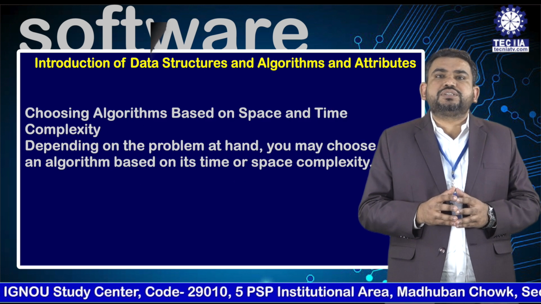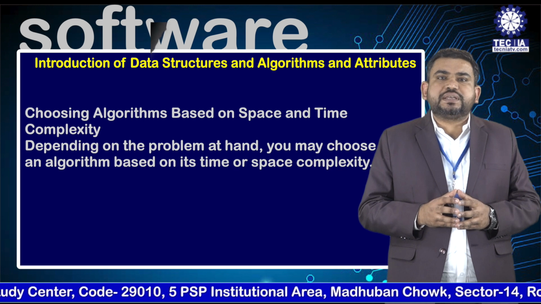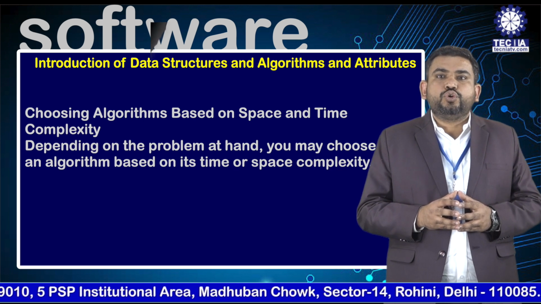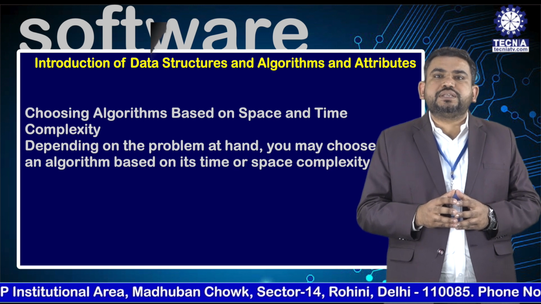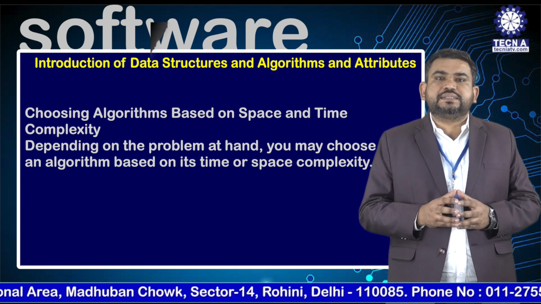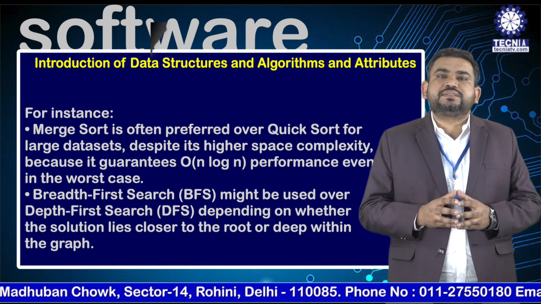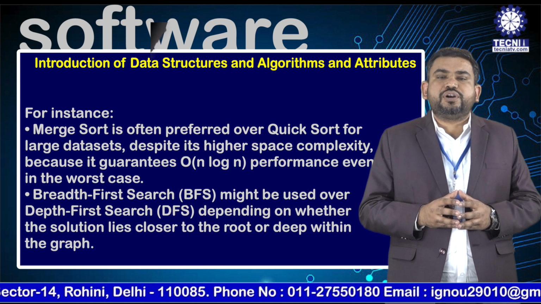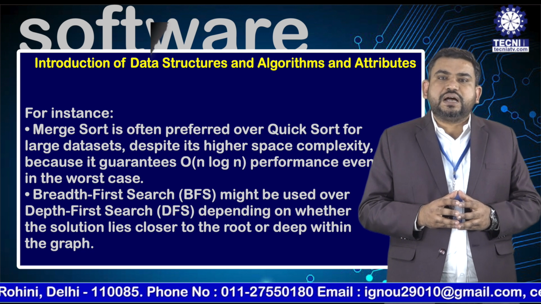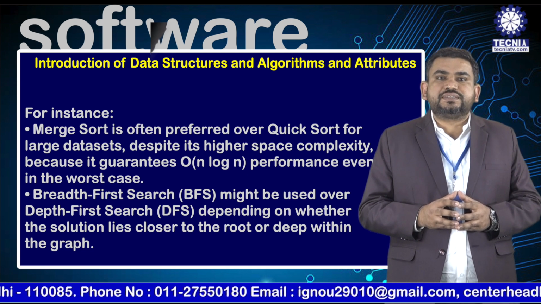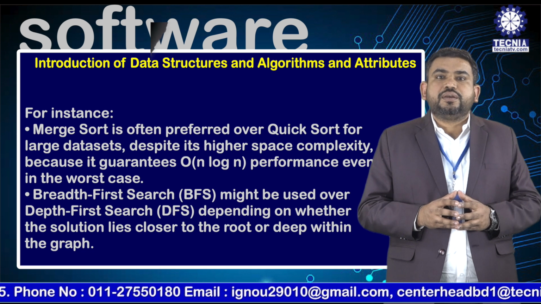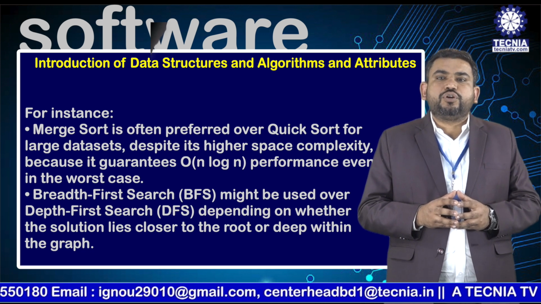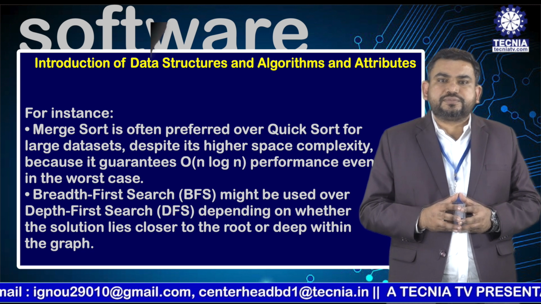Choosing an algorithm based on space and time complexity depends on the problem at hand. You may choose an algorithm based on its time or space complexity. For instance, merge sort is often preferred over quick sort for large data sets despite its higher space complexity, because it guarantees O(n log n) performance even in the worst case.